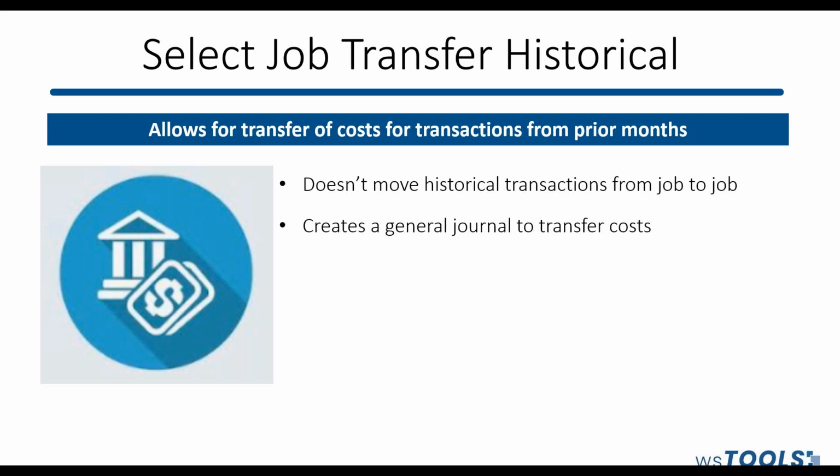We actually do a GL entry in the current period for that adjustment. We want to make sure that we're maintaining your POC entries and those types of things, and getting the data in the current period, even though it may be historical transactions that you actually need to transfer from one job to another.